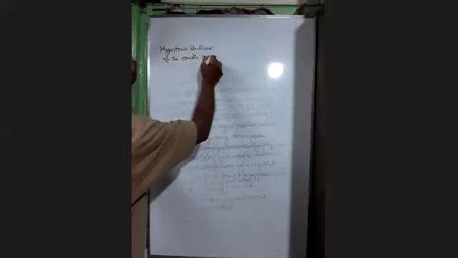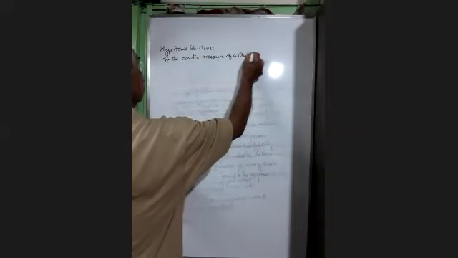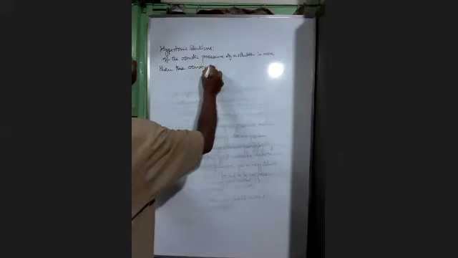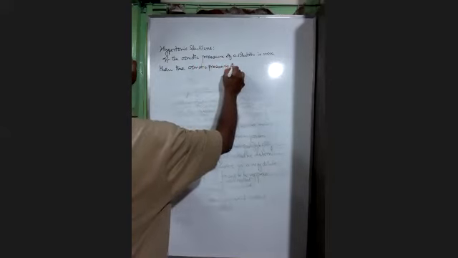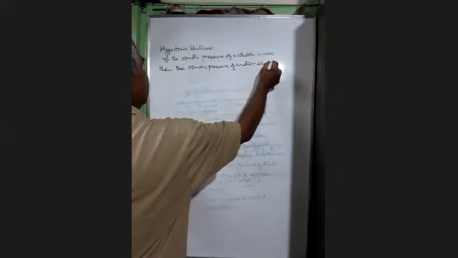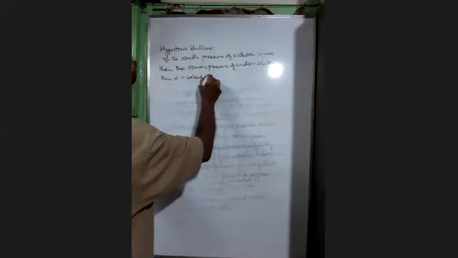If the osmotic pressure of a solution is more than the osmotic pressure of another solution, then it is called hypertonic.